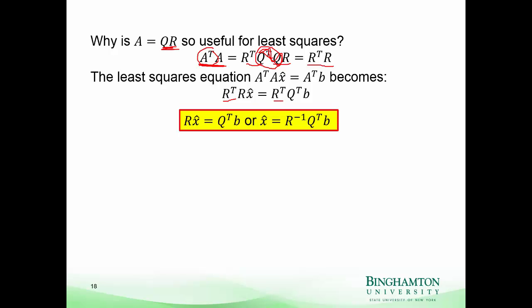So we can multiply by R transpose inverse to get rid of that, then multiply by R inverse to free x hat, and so we end up having this as our solution. So we end up with an orthogonal matrix that we transpose and multiply by b. We do still need to do, at least in principle, an inverse.